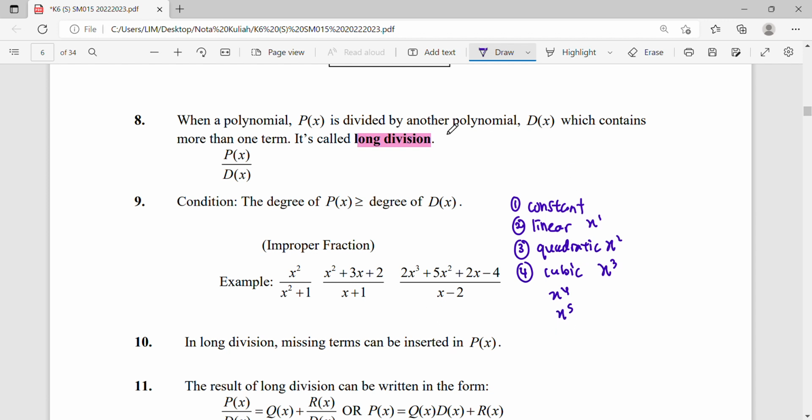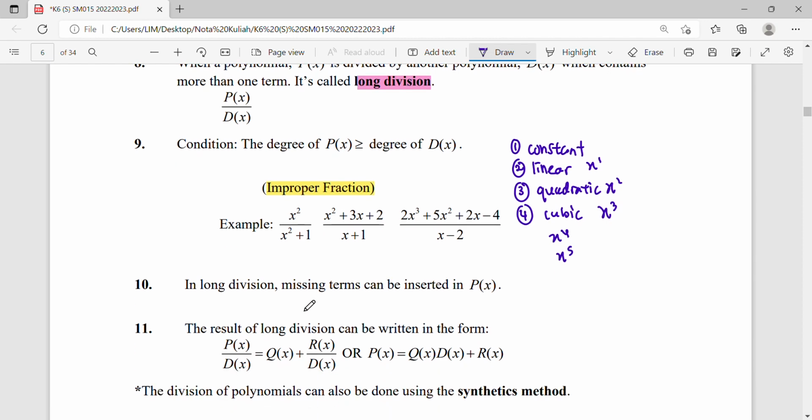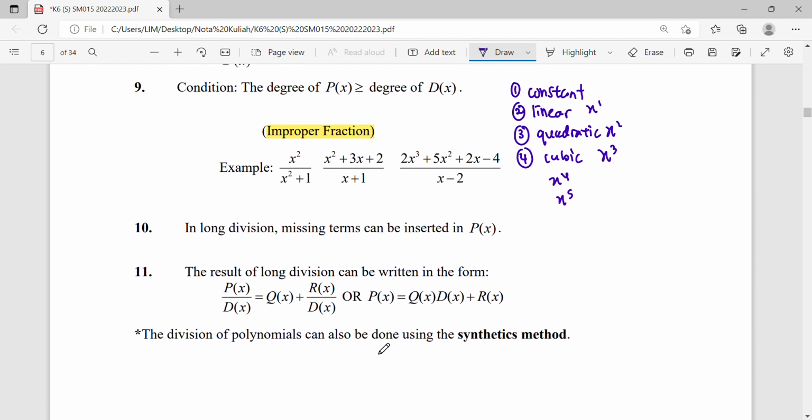So long division only occurs when we have improper fractions. The improper fraction definition is that the polynomial in the numerator is greater than or the same as the polynomial in the denominator.